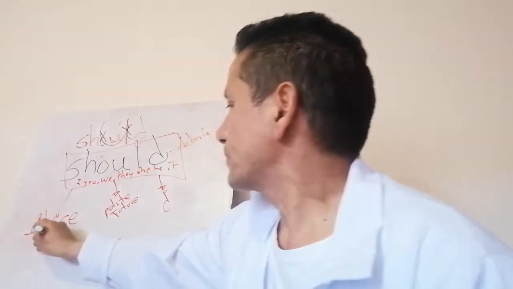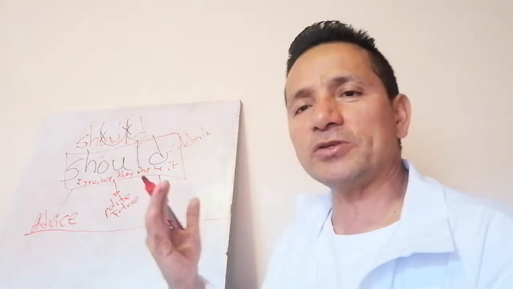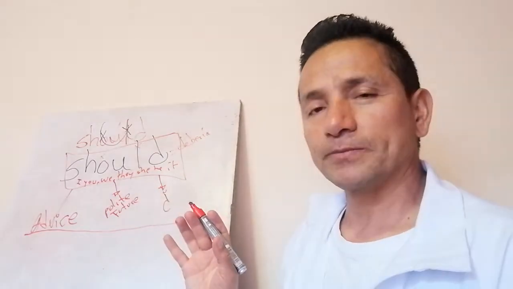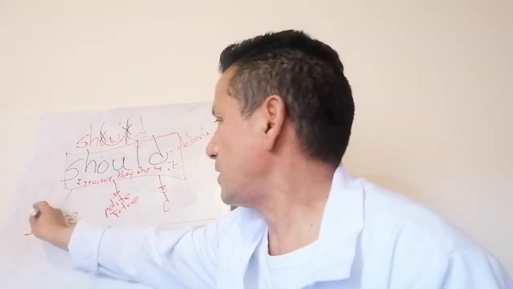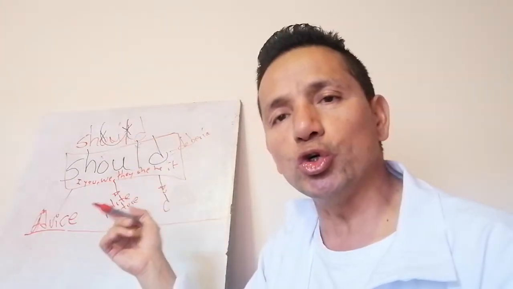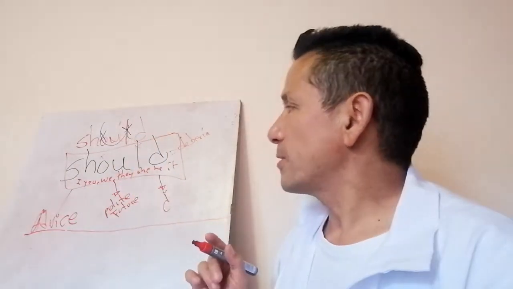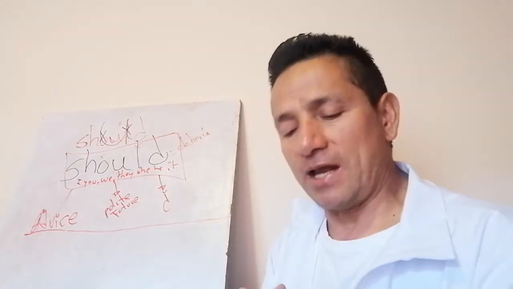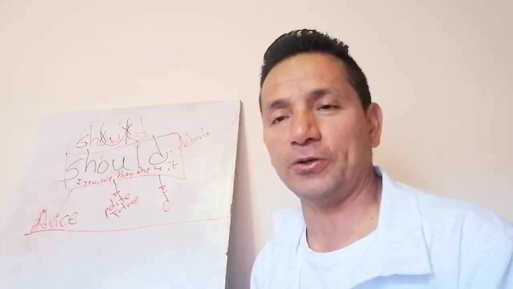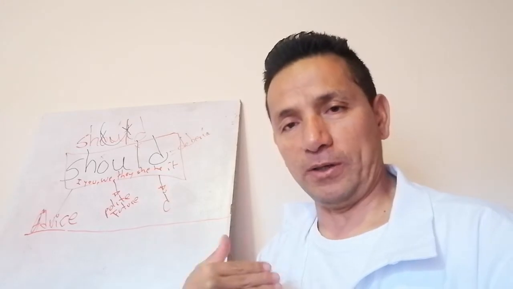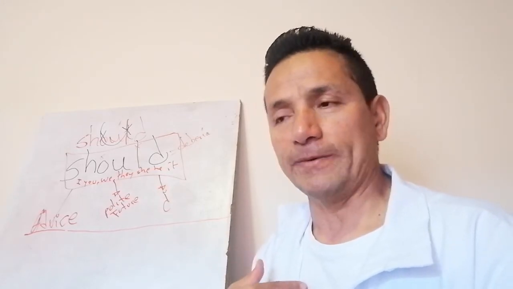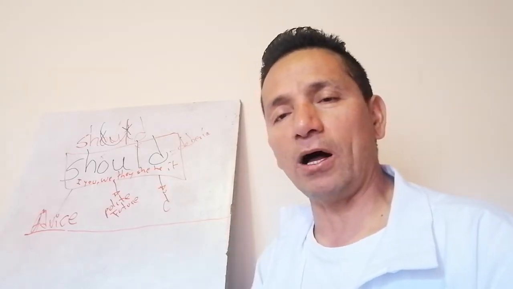So let me see. I'm gonna tell you something to express this idea. Should. We use should for expressing advice. For example, let me tell you, I got a problem. I don't have a car.